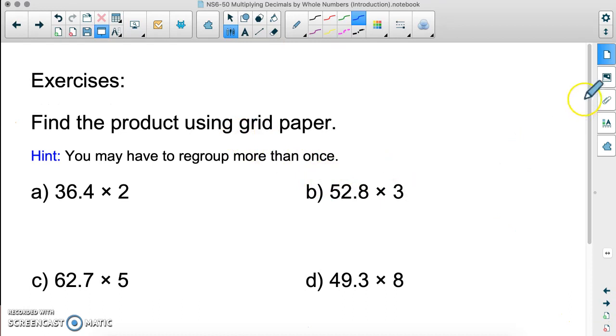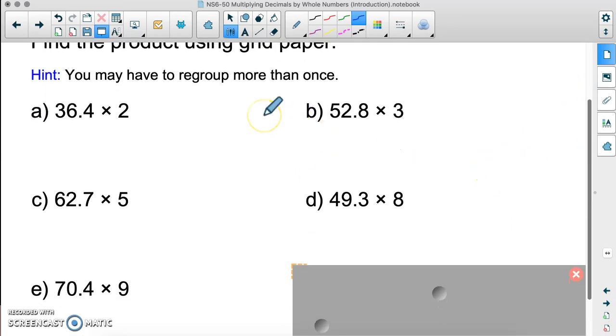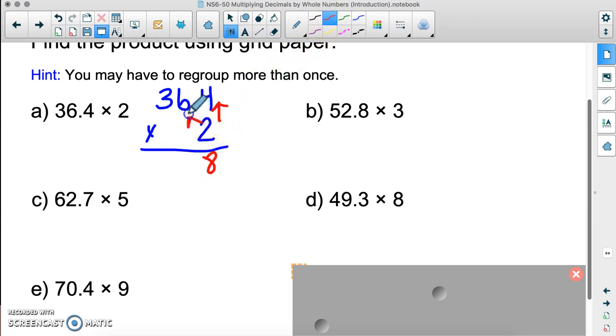So we're going to use your journals, or if you can on your whiteboards, line this up properly. You're going to complete this multiplication. We're going to create our algorithm. So 36.4 times 2. The 2 is going to go right under the 4. Now I can multiply it out. 2 times 4 is 8. 2 times 6 is 12.